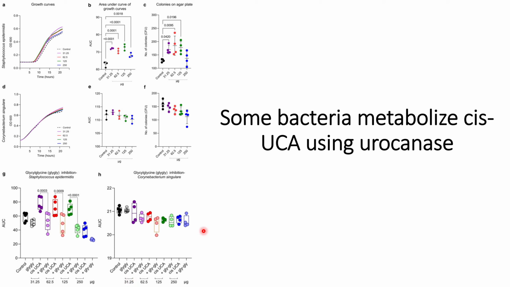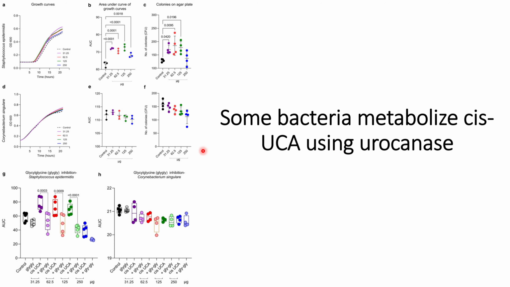So both these results indicate that the bacteria that are upregulated might have these HUTC and HUTU genes, which result in the formation of the enzyme urocanase that can metabolize cis-UCA and helps in the growth of those bacteria, whereas bacteria that lack HUTC and HUTU genes are not able to form this urocanase enzyme, and thereby cannot utilize cis-UCA for their growth.